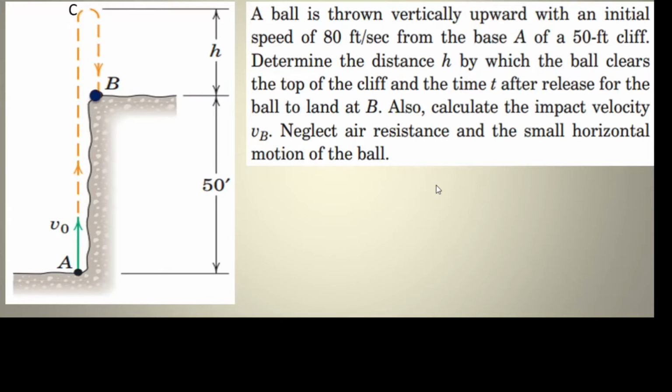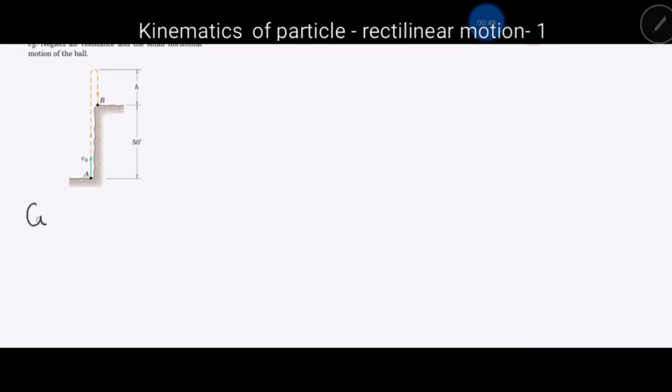Now let's do this one step by step. The first thing is, as you know, that we'll list out the given values. Among the given ones, the first will be the initial velocity, which is the initial velocity of the ball at position A. So V0 equals VA, which equals 80 feet per second.